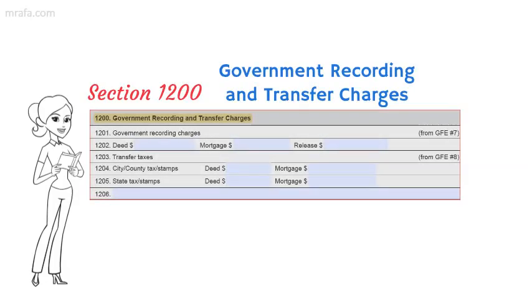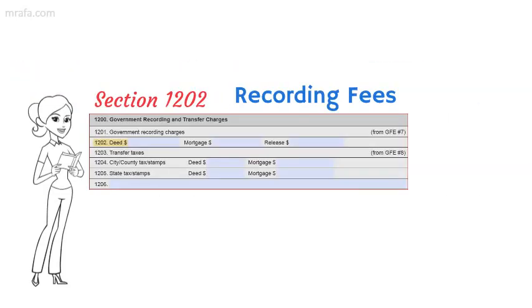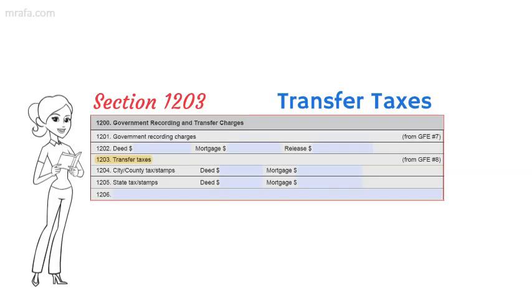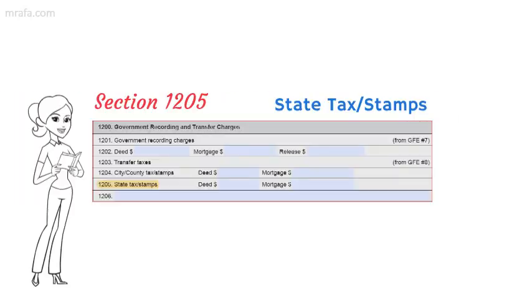So now let's move on to another fees that you'll be paying. 1200 section. It's a government recording and transfer charges. So this includes the government recording charges, recording fees, the transfer taxes, the city, county tax or stamps, the state tax or stamps.